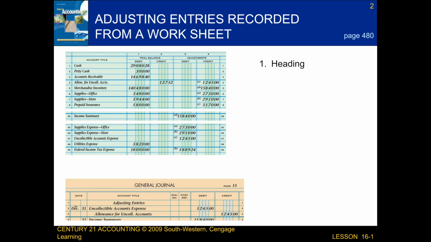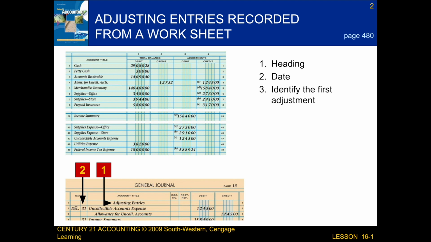First, we write the heading. Next, we write the date. After that, we identify the first adjustment. Following that, we write the account debited.